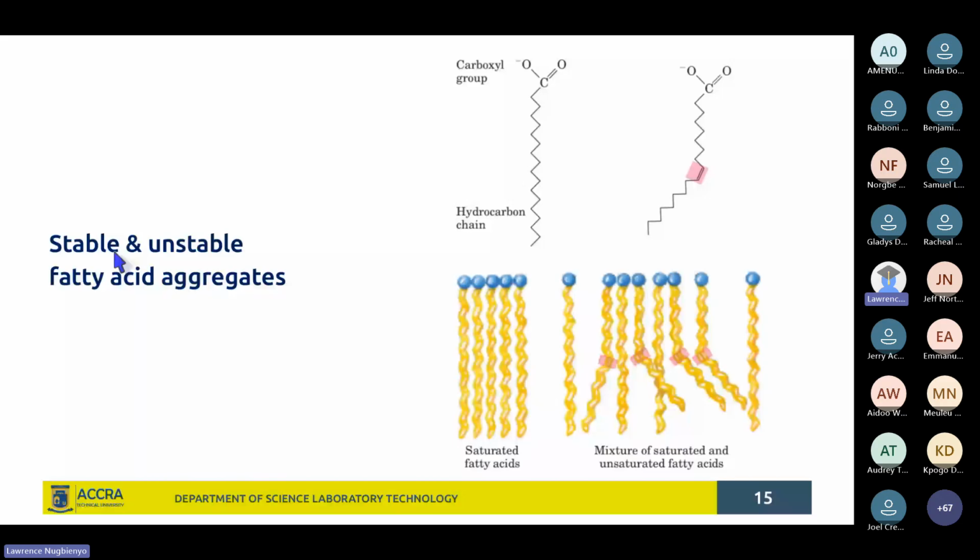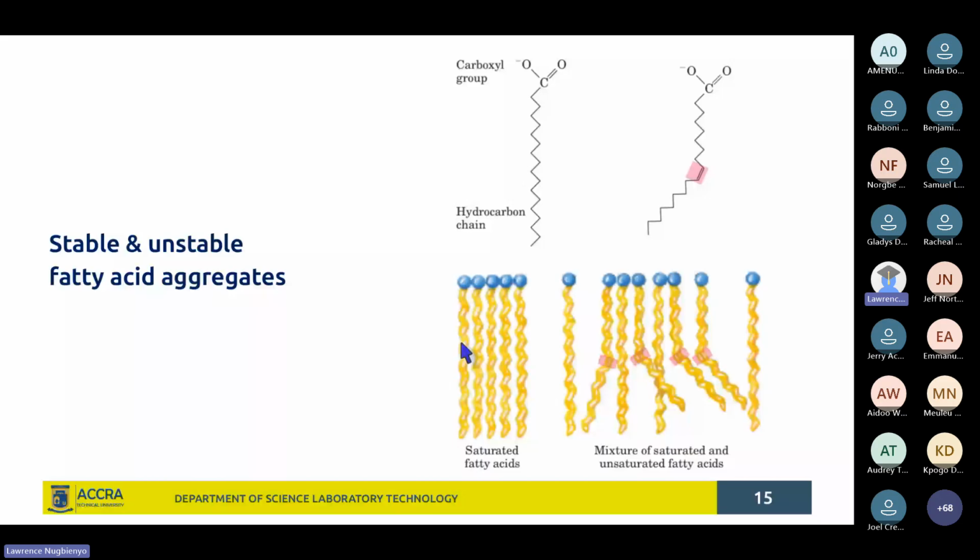Stability, where you can have stable and some unstable fatty acid aggregates. So for instance, this is depicting fatty acid aggregates with only saturated fatty acids. And you can see that the hydrophobic tails are all straight.